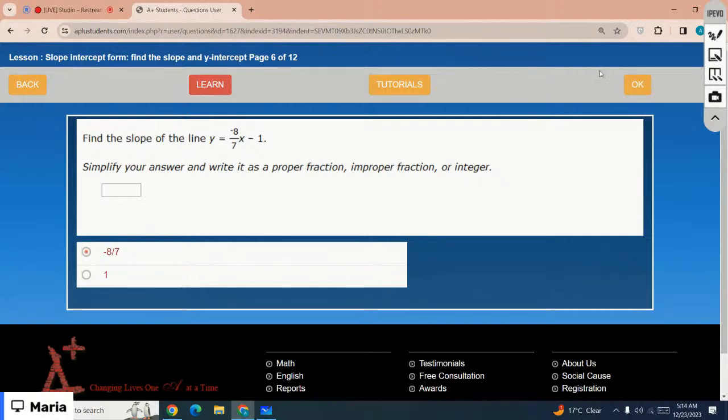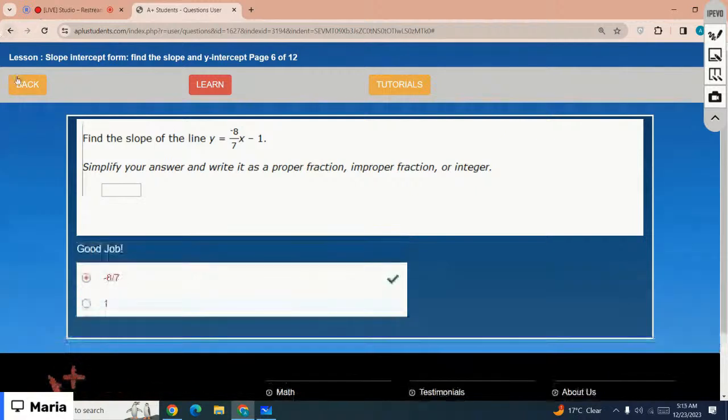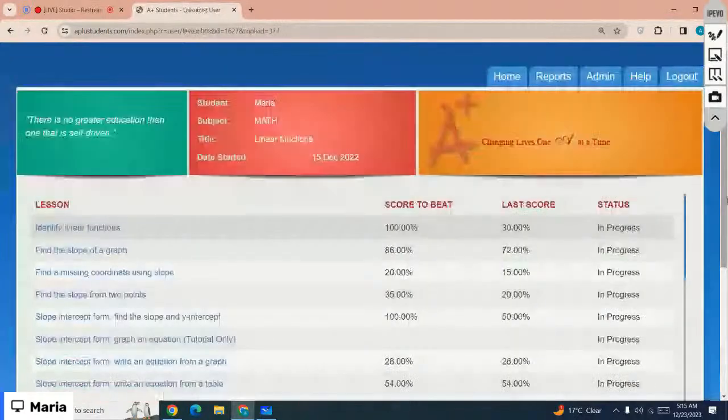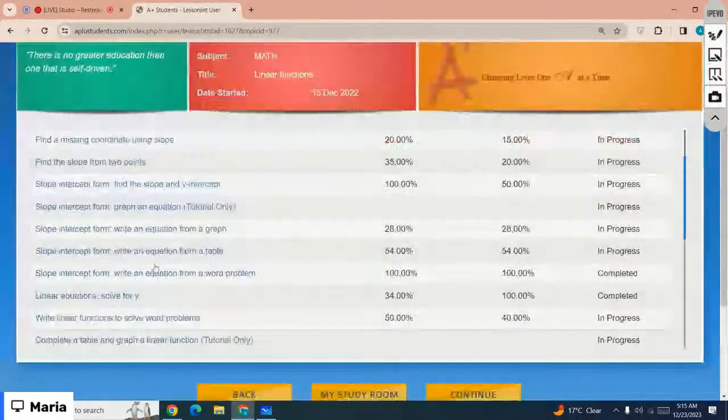Okay, you can complete the lesson by yourself later today. Let me just move on to the next lesson, which is slope intercept form, graph and equation.